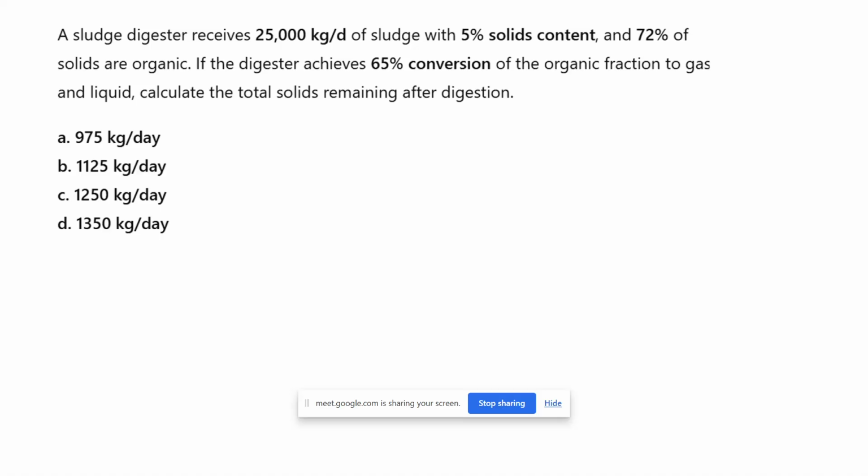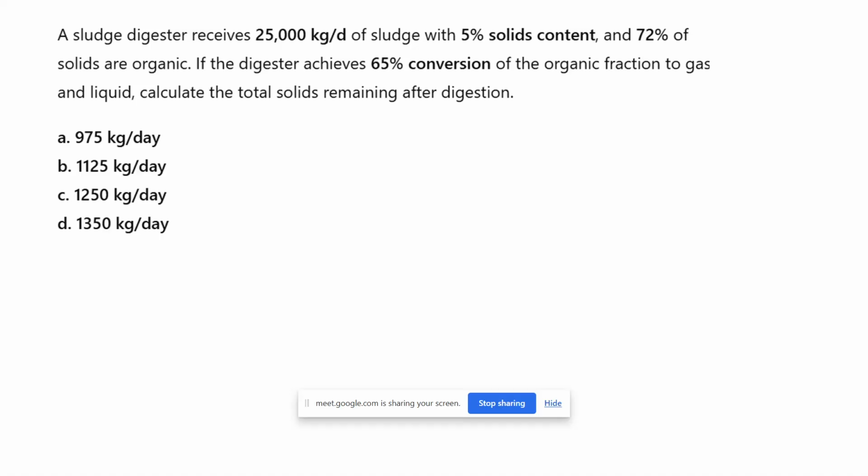Okay, and in this, 65% of the organic is converted to gas and liquid. So specifically 65% is converted, destroyed, and 35% remains. Calculate the total solids after digestion.